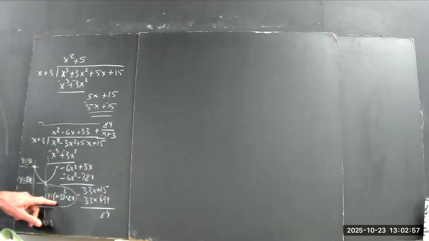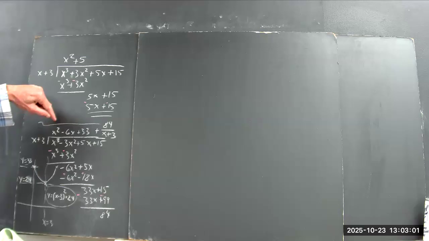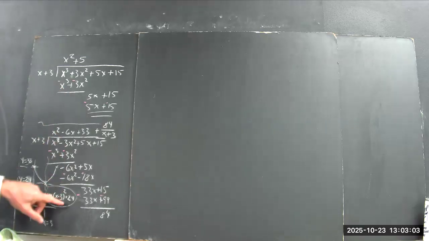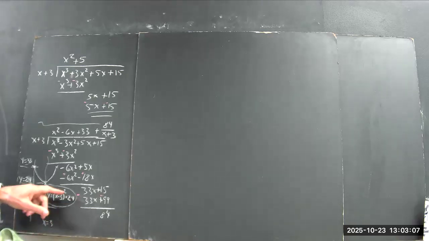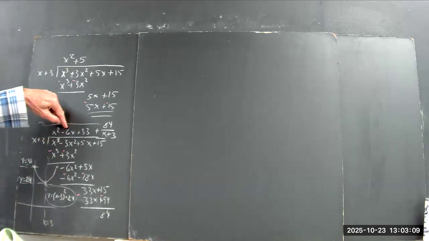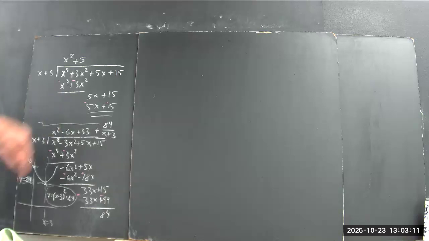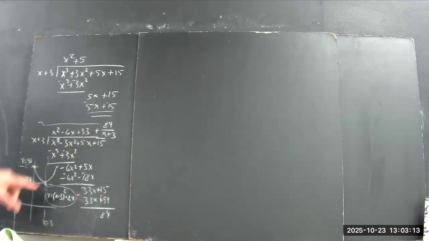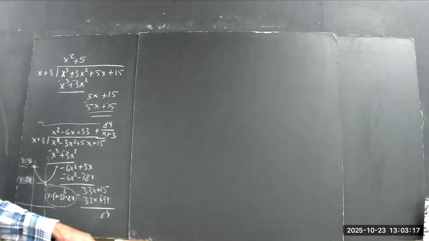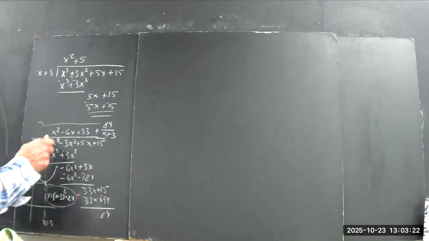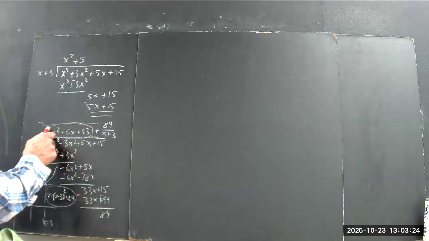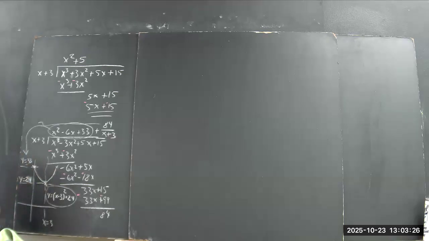If you square the x minus 3, and add what you get, you're going to get x squared minus 6x plus 33. The vertex form, that's general form. So this is a graph of this part of the quotient.